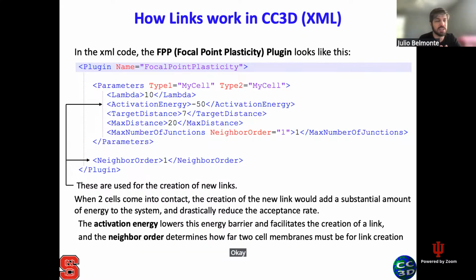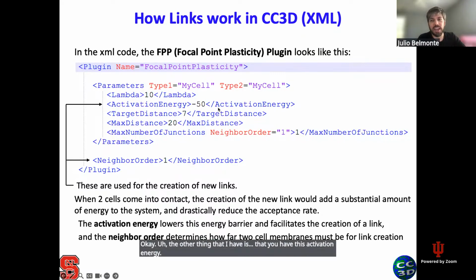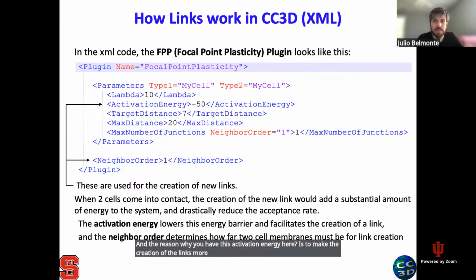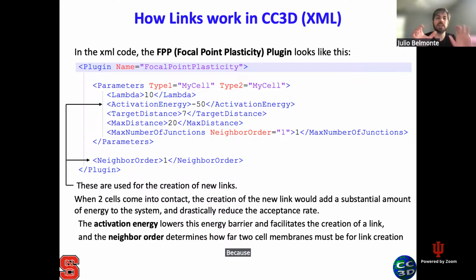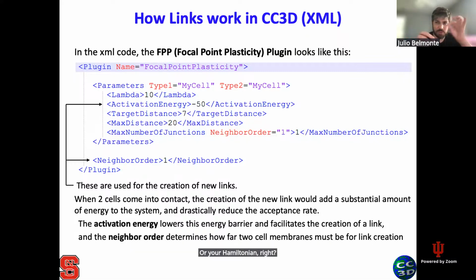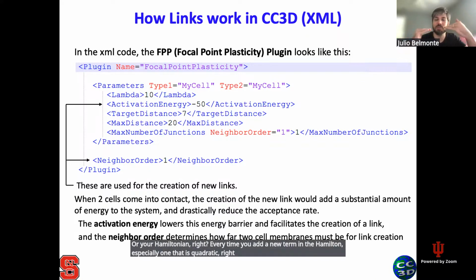The other thing that you have is this activation energy. And the reason why you have this activation energy here is to make the creation of the links more favorable. Because basically when you create the link between 2 cells, you're adding a new term to your cost energy function, or your Hamiltonian. Every time you add a new term in the Hamiltonian, especially one that's quadratic, which can only be positive, you're basically increasing the energy of your system.